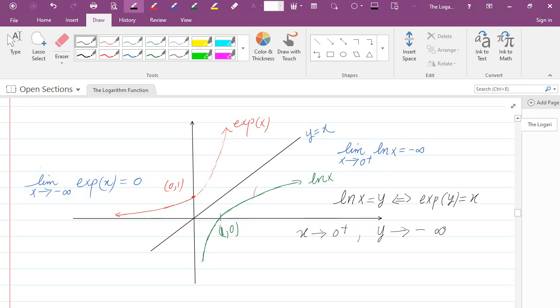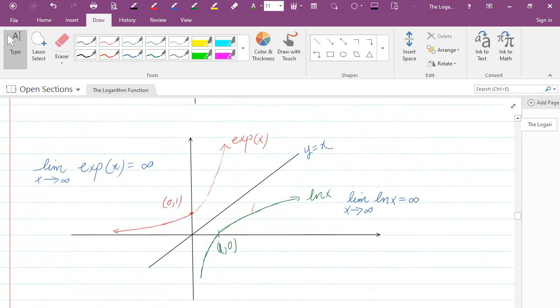Because they are inverses of each other, as y goes to negative infinity, exp of y is going to 0 from the right. So that shows that this limit implies this limit right here, and similarly the other one.